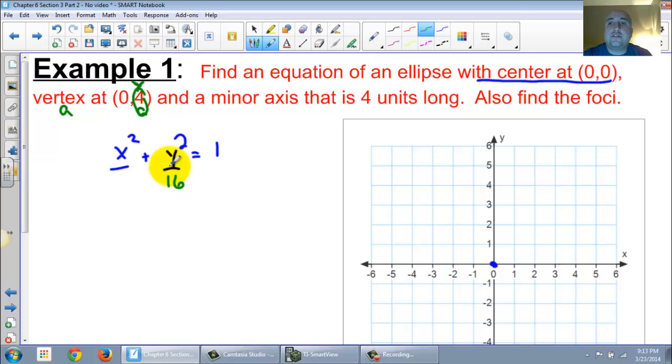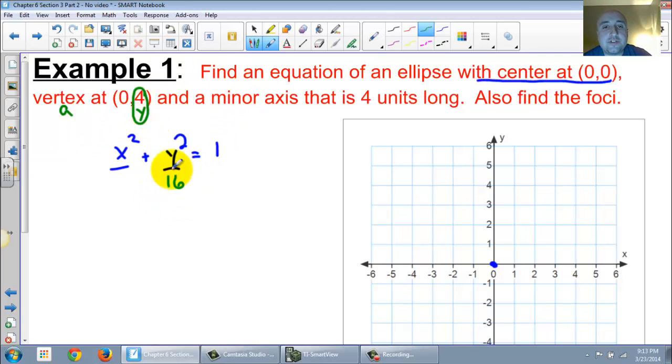Remember, vertex is little a, so 4 goes in the y spot, and the number on the bottom is always squared. So 4 squared is 16.